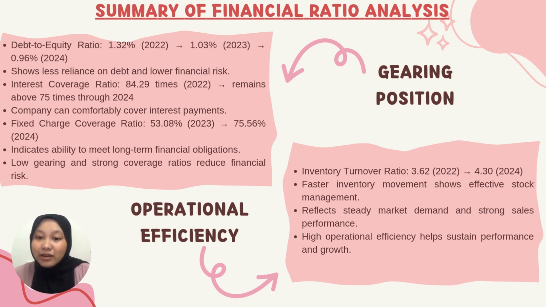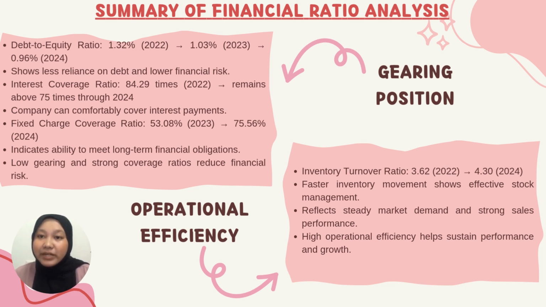The interest coverage ratio remained very high, over 75 times, which means the company easily covers its interest payment. The fixed charge coverage ratio also improved, showing that long-term obligations are well managed. In summary, the company has low financial risk and a solid capital structure.